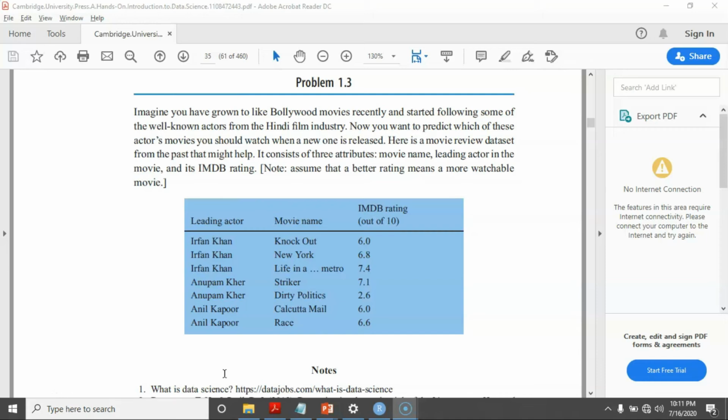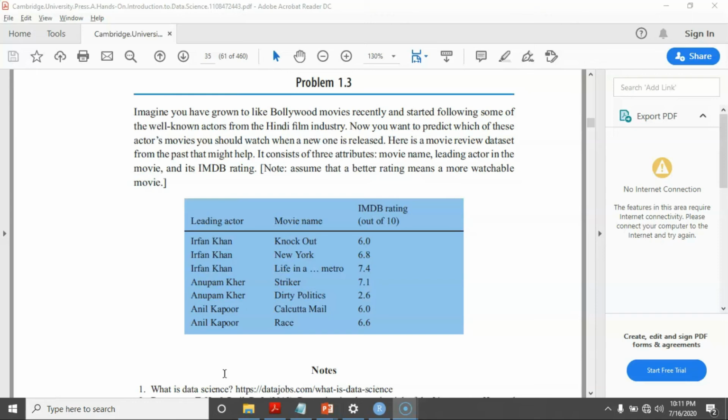Recall that in this analysis, which two attributes are crucial for your decision making? Of course, the IMDb rating, and the other should be leading actor or movie name.